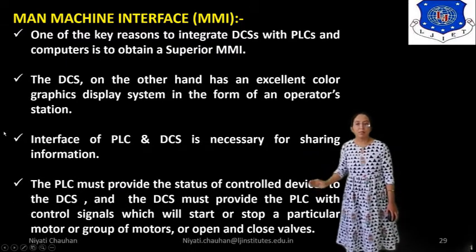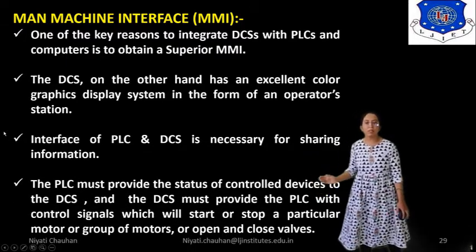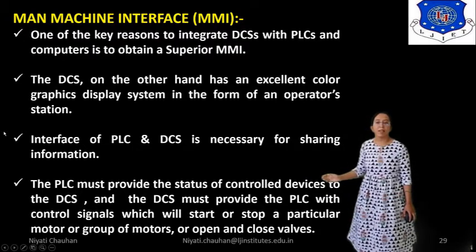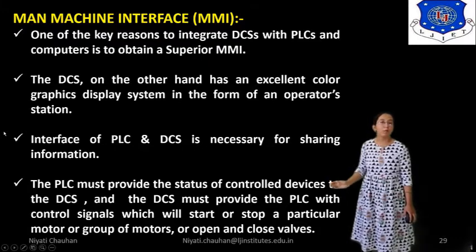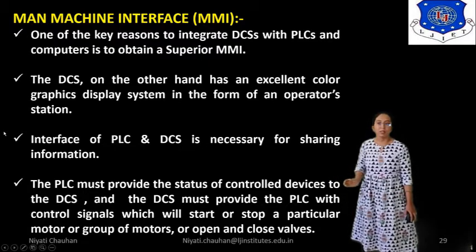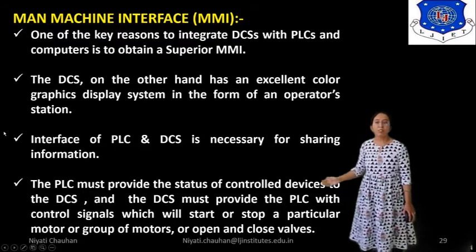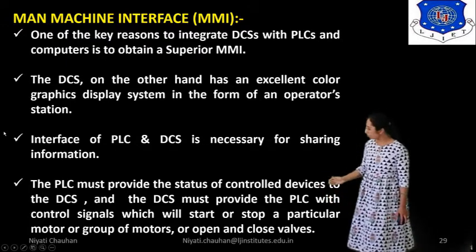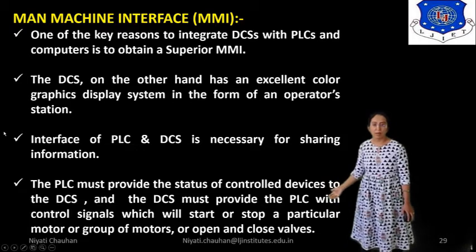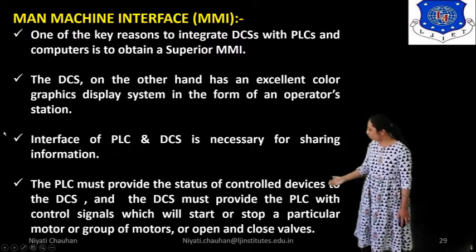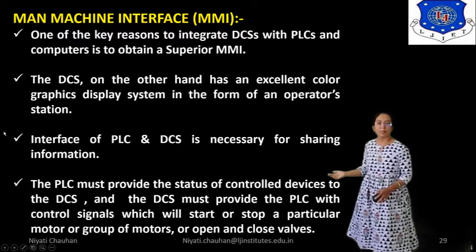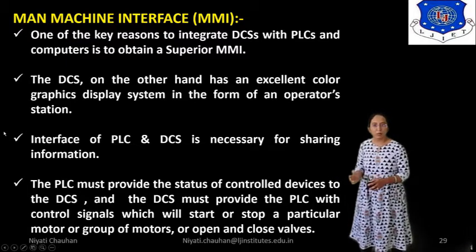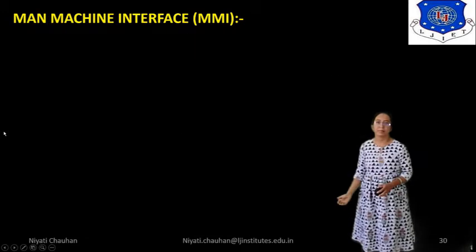The PLC must provide the status of control devices to the DCS, and the DCS must provide the PLC with control signals which will start or stop a particular motor or group of motors, or open and close valves. So here we are using PLC and DCS through which we can control our system.